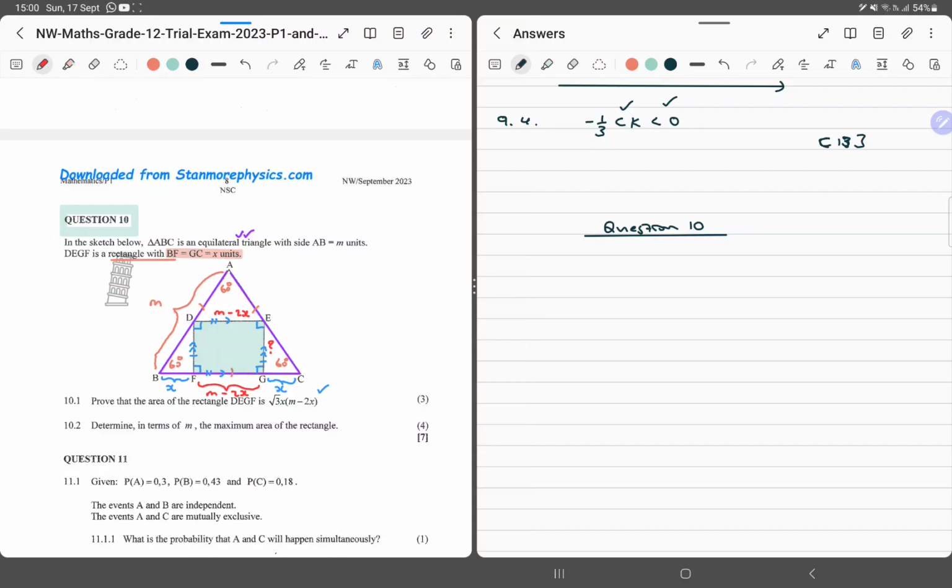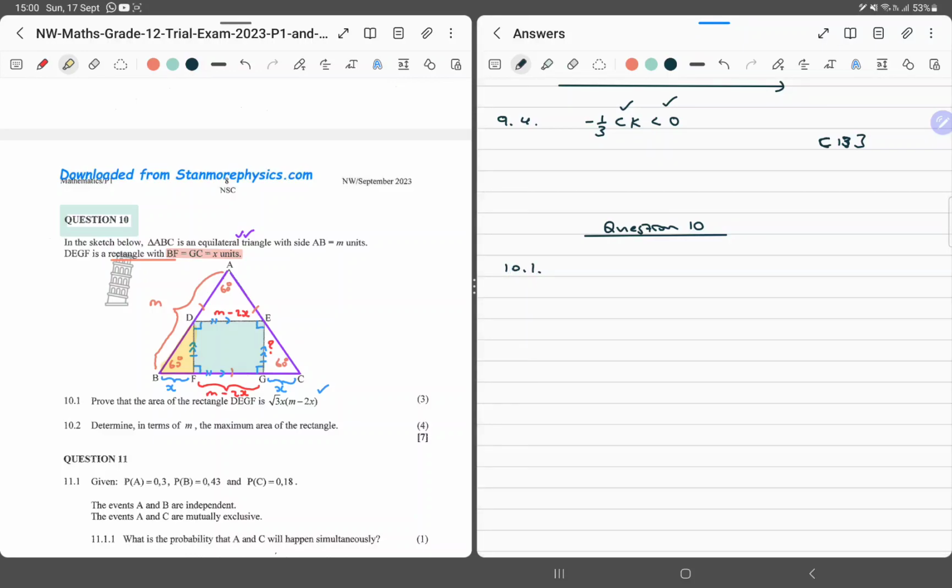But as you can see here, now look at this little triangle, the yellow one. We've got x and we want that side, and we've got an angle of 60 degrees. Can you see? We can use the tan to find DF. So this is what you need to do to answer this question.